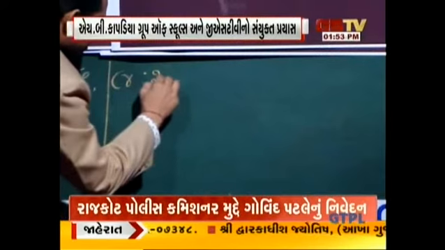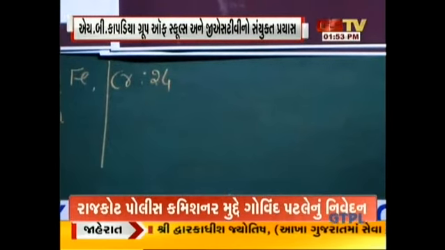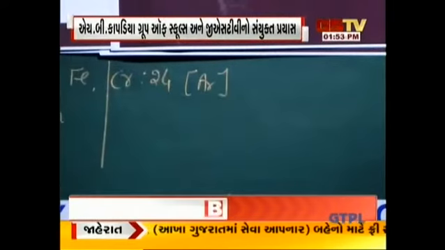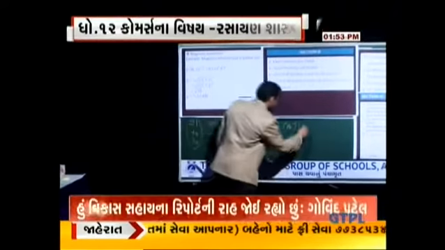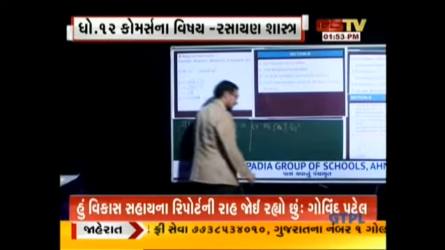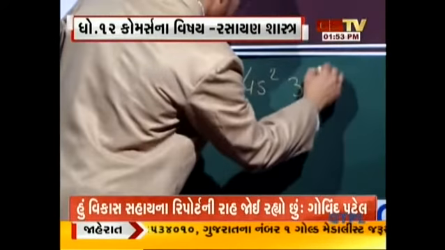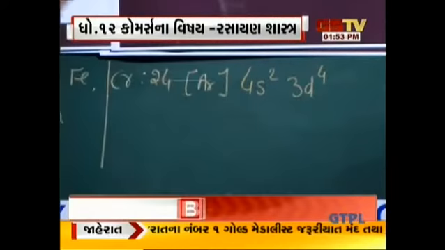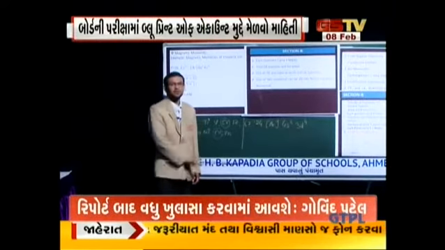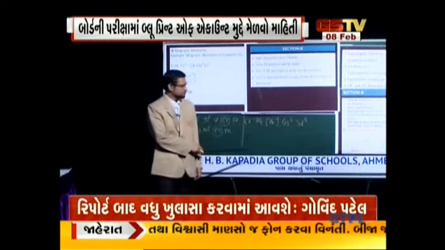Chromium number is 24, argon, that means 18 electrons completed, then 4s2, 20, and 3d4. But there is a change in the chromium electronic configuration because it's an exceptional element.